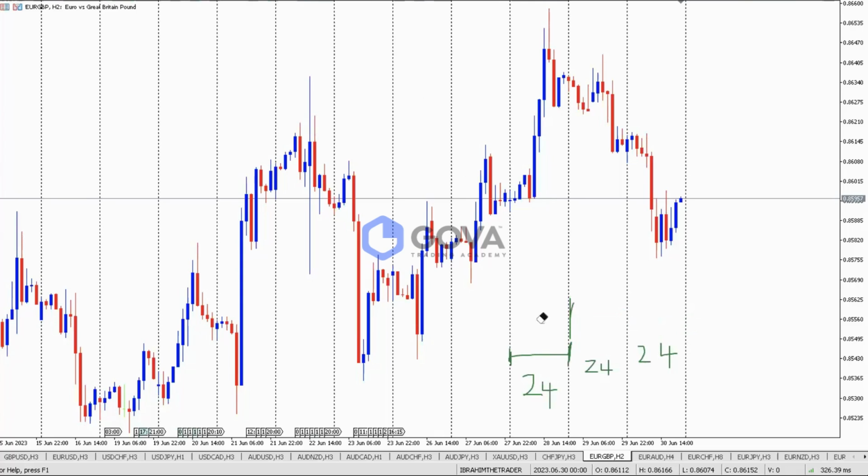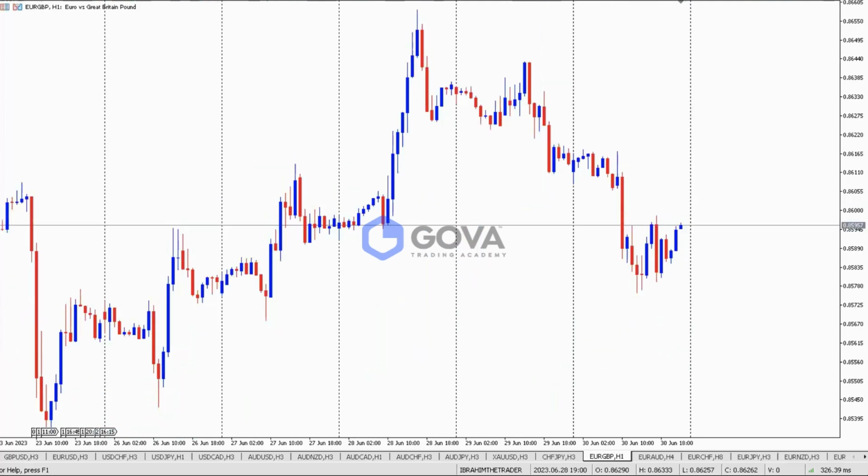Now let's move on to the 30 minutes time frame, for example. Whether you're on the 1 hour time frame, from this area to this area is 24 hours period. Okay, from this period separator here to this other period separator here is still 24 hours period.